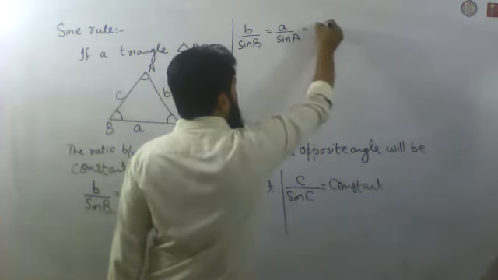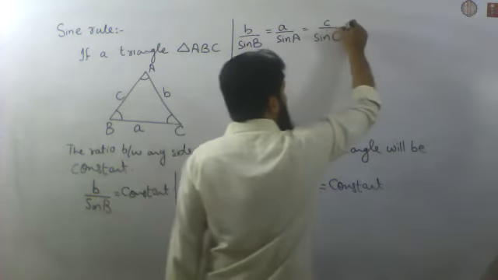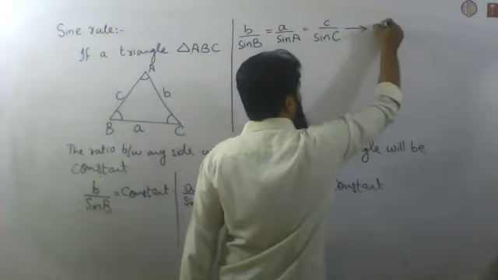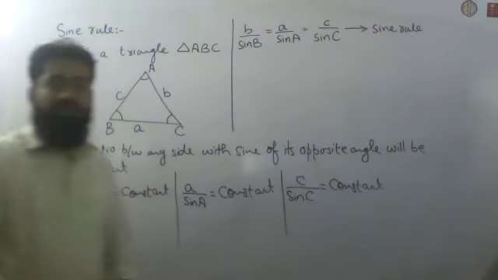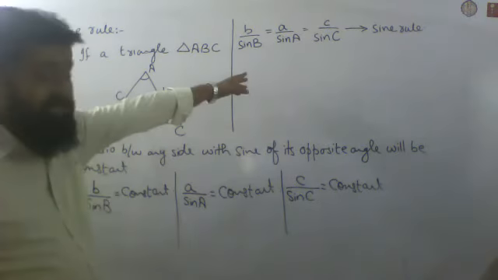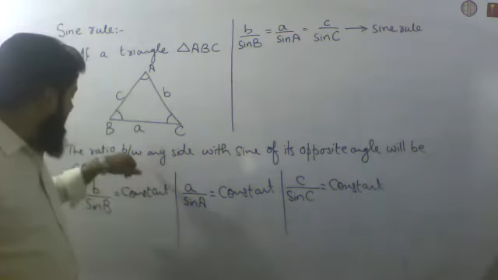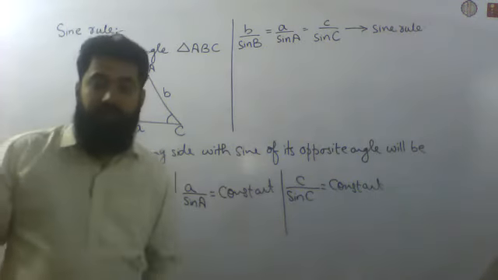So this will become C upon sine C. This is your sine rule. The ratio between any side with sine of its opposite angle.